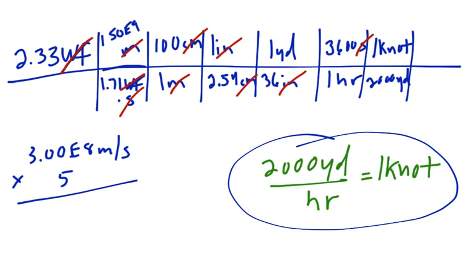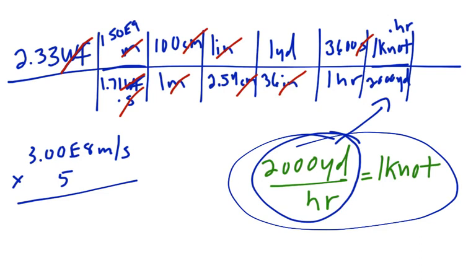Yards per hour. Where's my per line? Well, my per line is here. So where am I putting the denominator of this thing right here? Well, I'm going to put it on the top. Times hour on the top. And this should make sense because what are we doing? We're dividing right here. It's 2,000 yards per hour, putting in the bottom right here. So I'm dividing by, technically, a fraction. What do you do when you divide by a fraction?